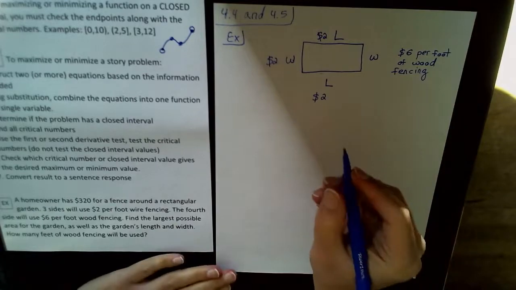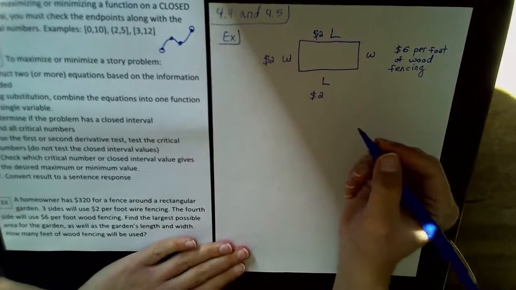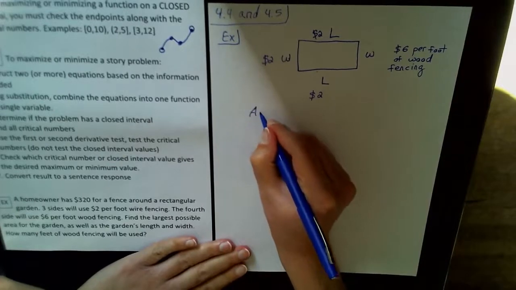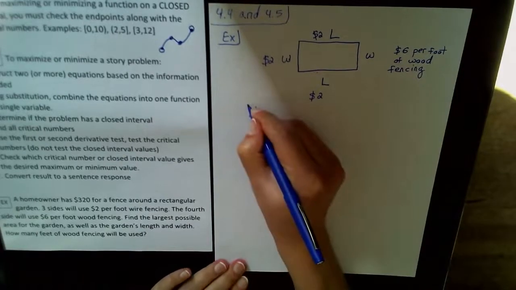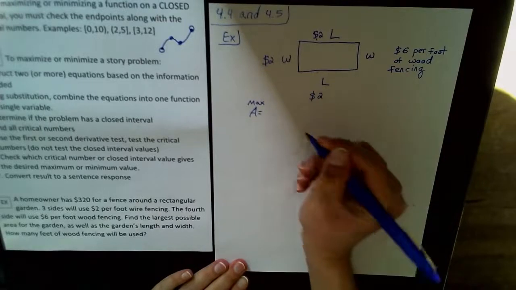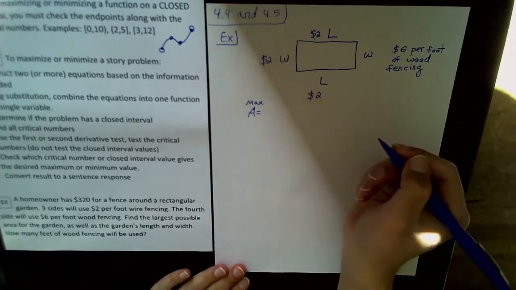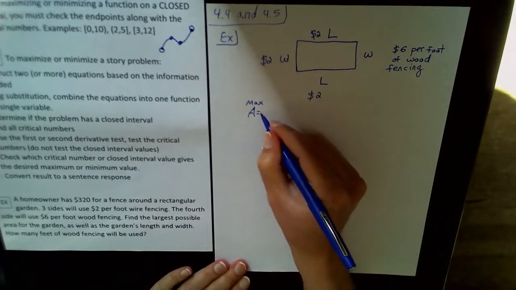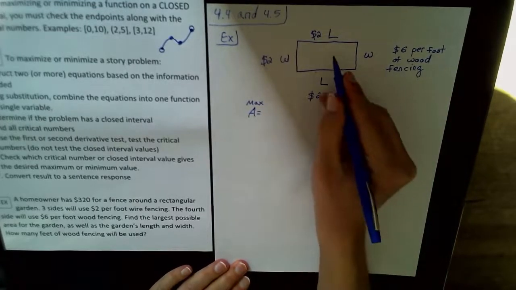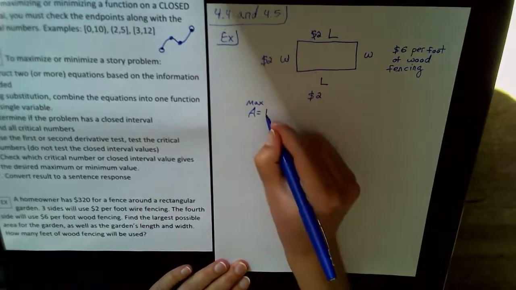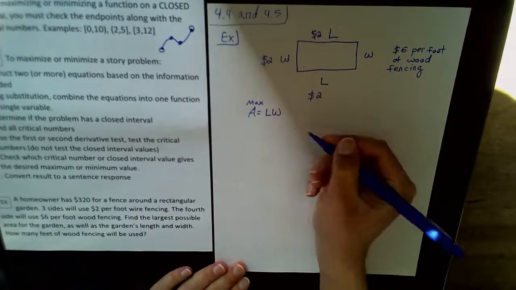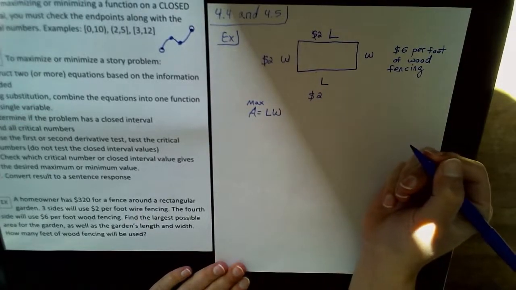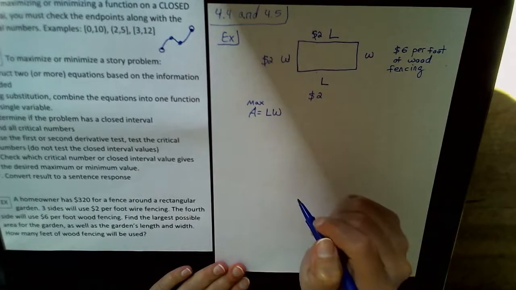The first equation is probably the more obvious one. It's the area. We are trying to maximize the area, so we will need an area equation or area function. So the area of a rectangle is the length times the width. So L times W.